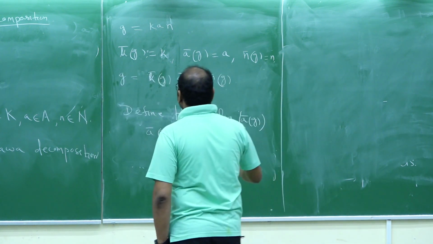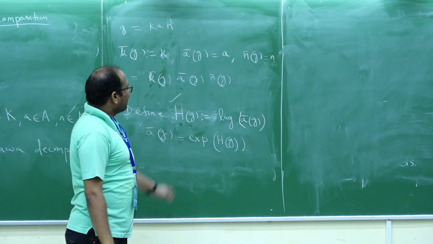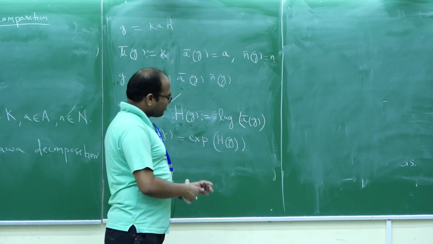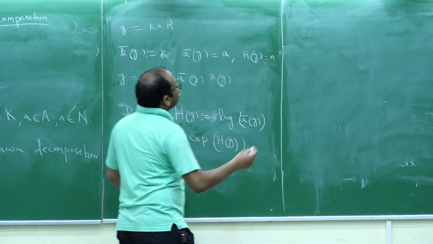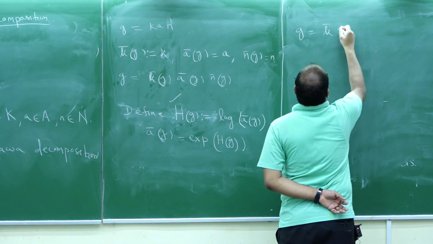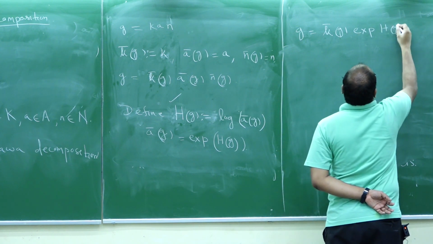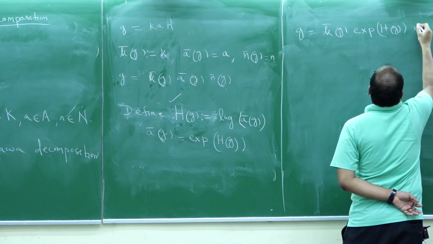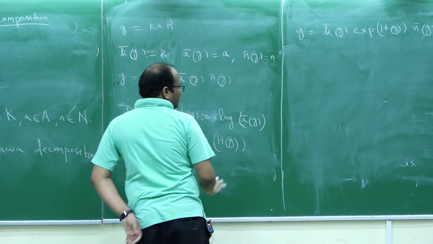So therefore H of G we will also think of as an element of the real numbers, or we can identify it with a real number. So using this notation, we can write this G as K bar G times the exponential of H times N bar G. Okay, so this is how you are starting.